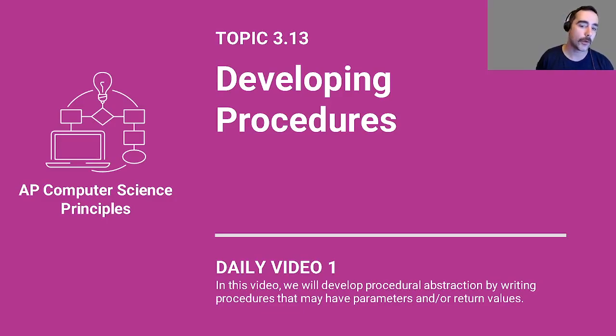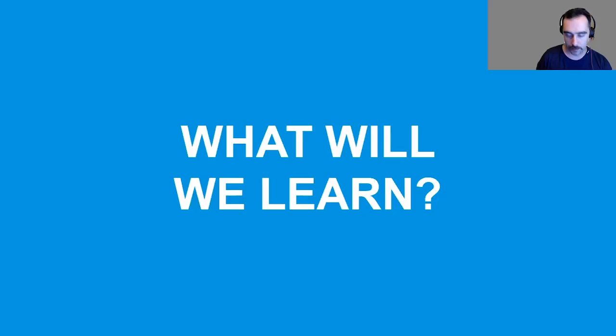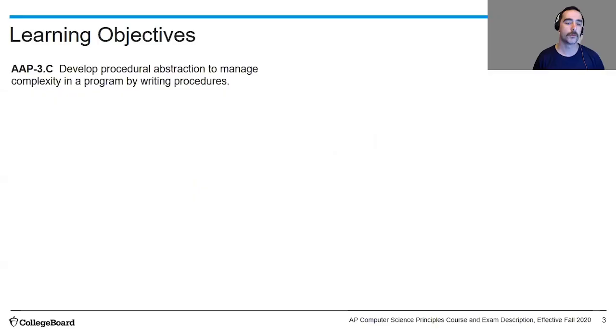So, what will we learn in today's video? We will focus on developing procedural abstractions, and we're going to have to write those procedures. So looking at code and abstracting out a procedure from that code.